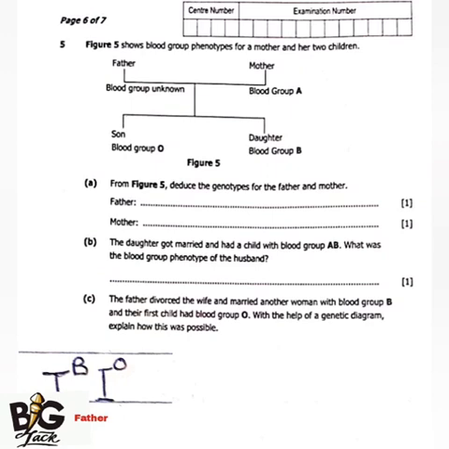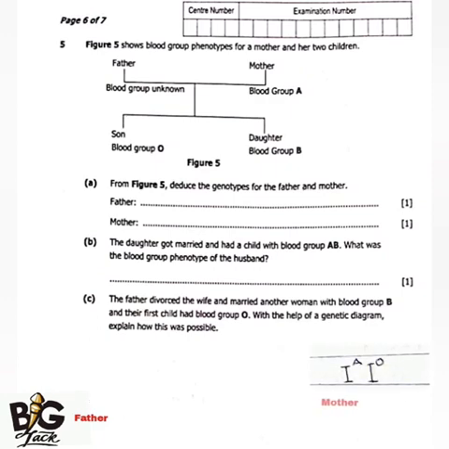The mother is blood group A heterozygous, which is capital I to the power A, capital I to the power O. The reason I put O here is that O is recessive. Once we have the father, blood group B heterozygous, and the mother, blood group A heterozygous, we can produce the daughter with blood group B and the son with blood group O.